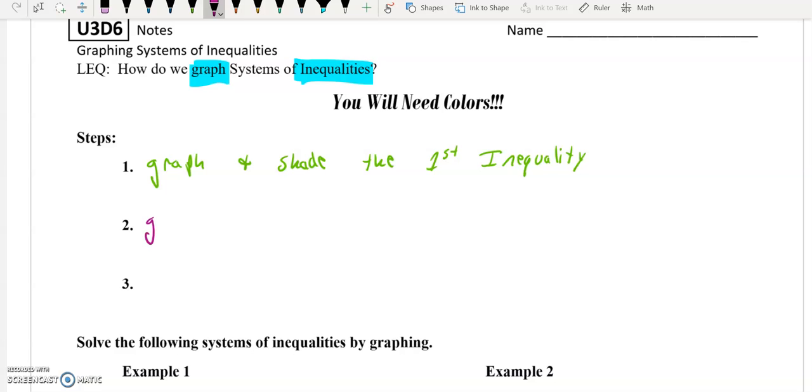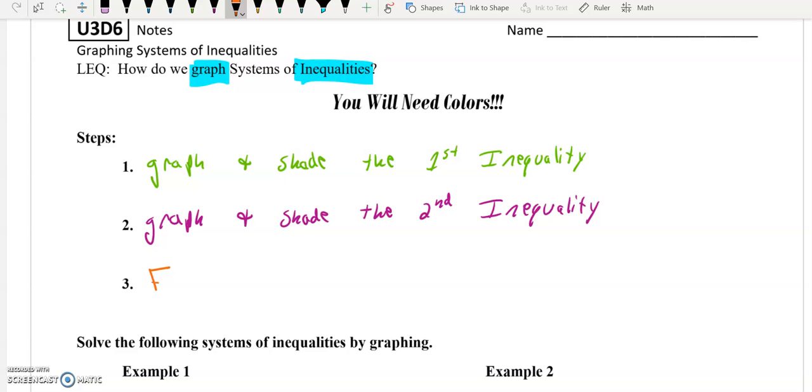Step number two is exactly the same, except this time what you'll be graphing and shading is the second inequality. And the very last step to this process is figuring out where the two inequalities and their shading overlap.